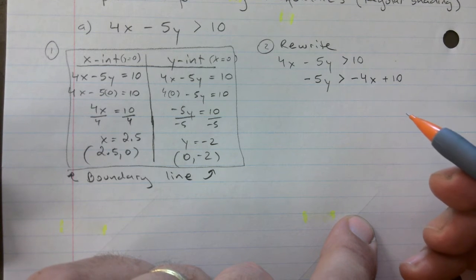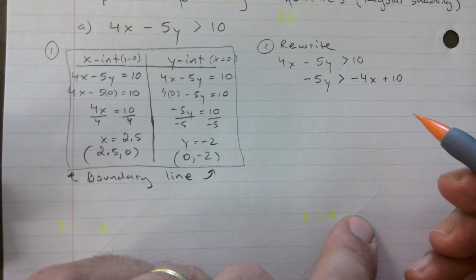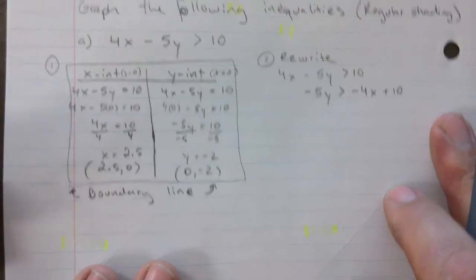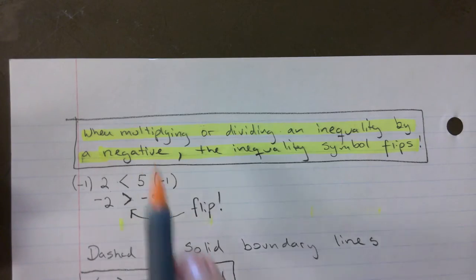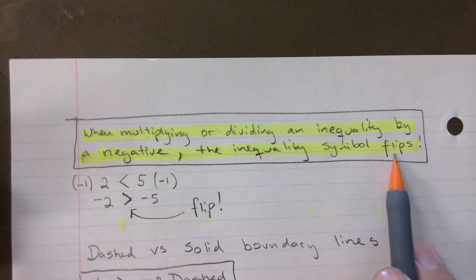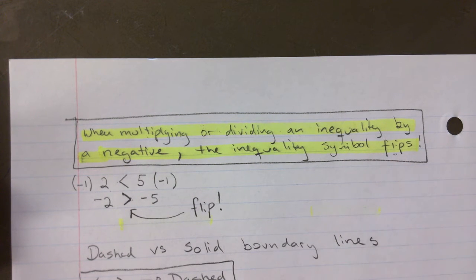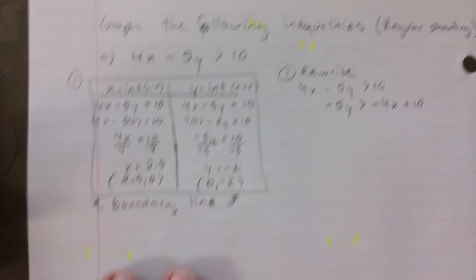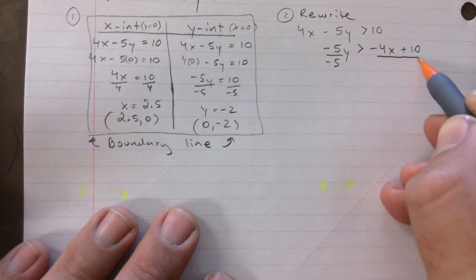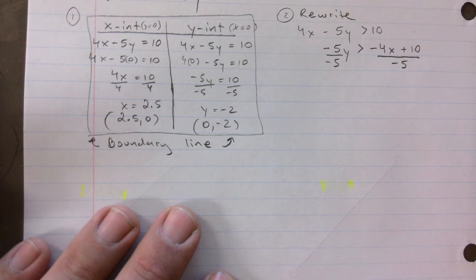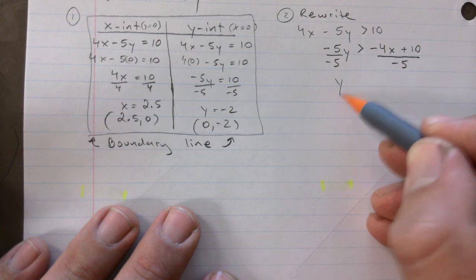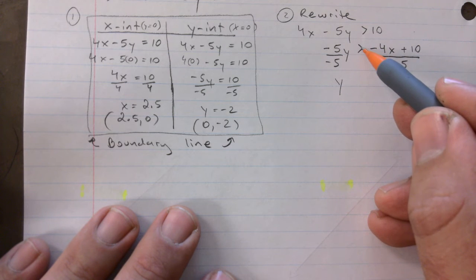And what are we going to do now? Divide by -5. Oh, wait a minute. Did you say negative, Mr. Dixon? Let me see here. When multiplying or dividing an inequality by negative, the inequality symbol flips. Don't forget that. So I'm going to be kind of silly about it now so you don't forget, okay? So divide by -5, divide by -5, and we go y, flip that the other way.